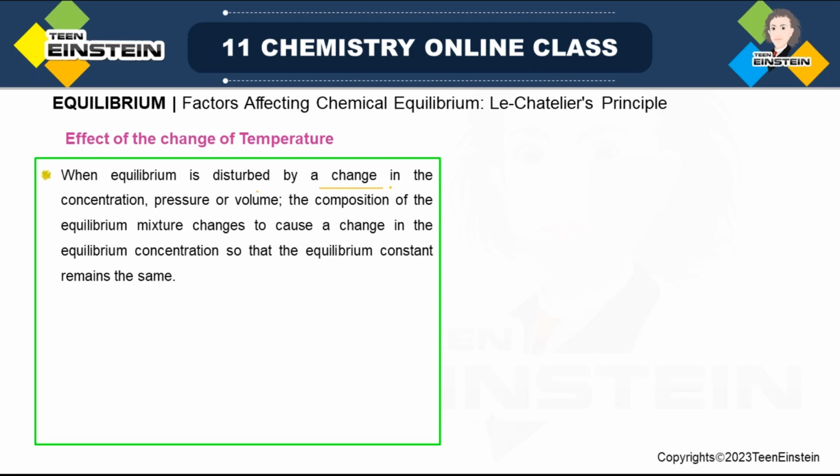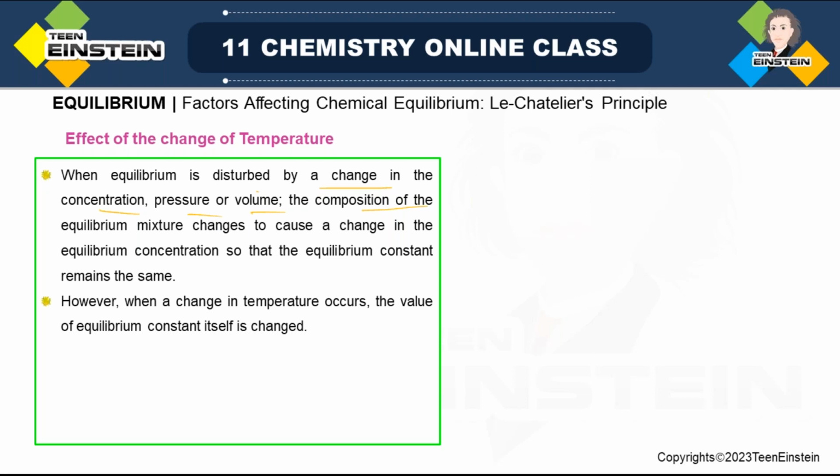When the equilibrium is disturbed by a change in concentration, pressure or volume, then the composition of the equilibrium mixture changes to cause a change in the equilibrium concentration. And the purpose here is to maintain the same value of the equilibrium constant, right? But when a change in temperature occurs, the value of the equilibrium constant itself is changed.